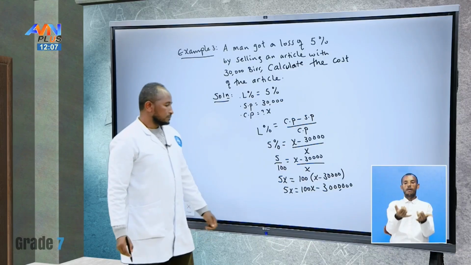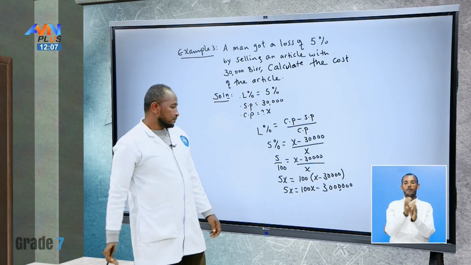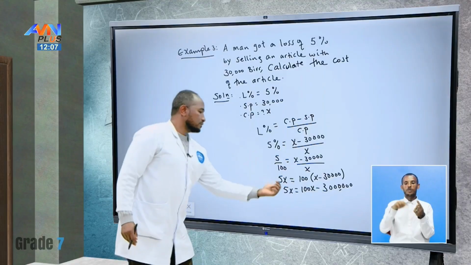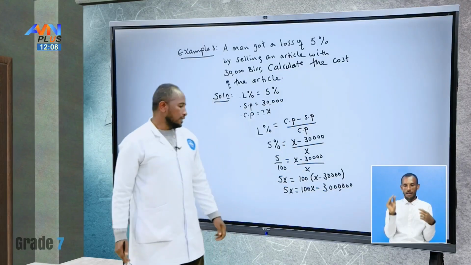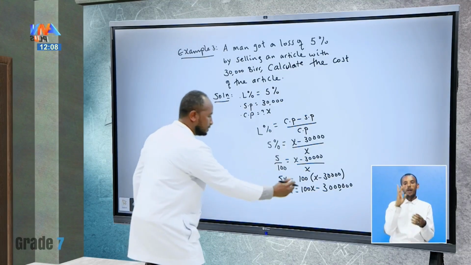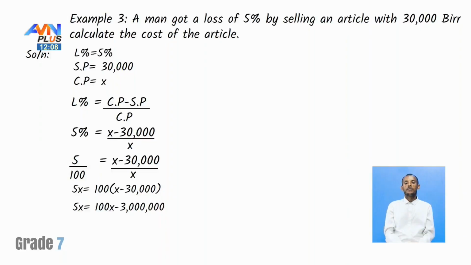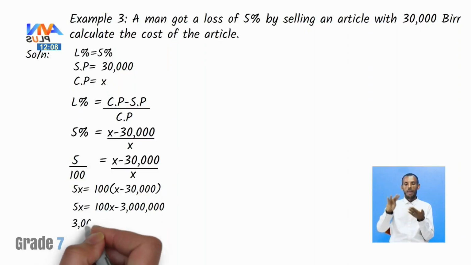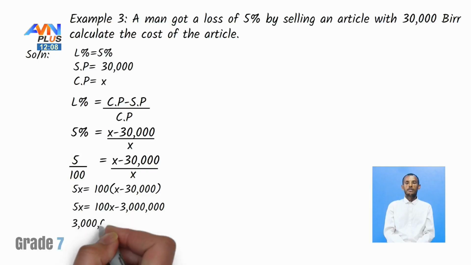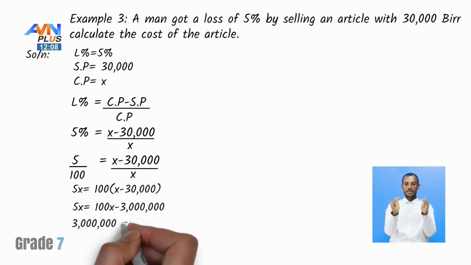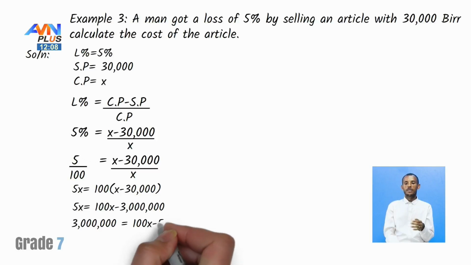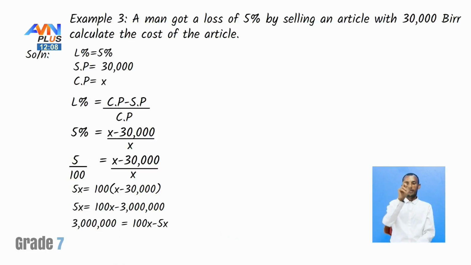Now, to calculate this, just shift 30,000 to the left and 5x to the other side. So you will have 3 million is equal to 100x minus 5x.